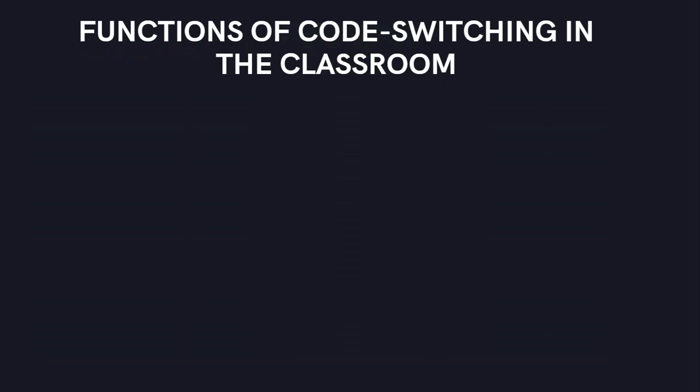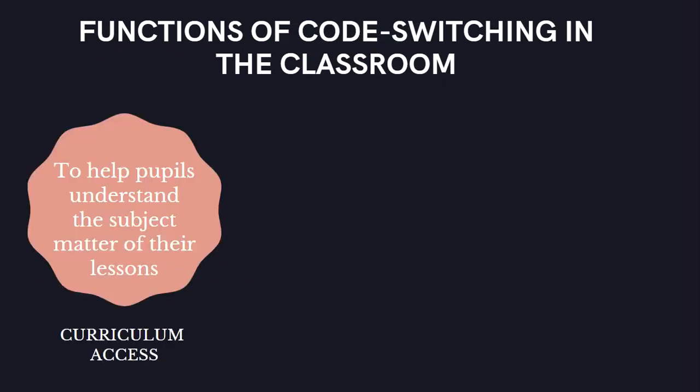So what are really the functions of code switching in the classroom? Ferguson presented three functions. First, curriculum access. This is to help students or pupils understand the subject matter of their lessons. There are certain topics that students cannot comprehend that quickly, so we have to code switch.